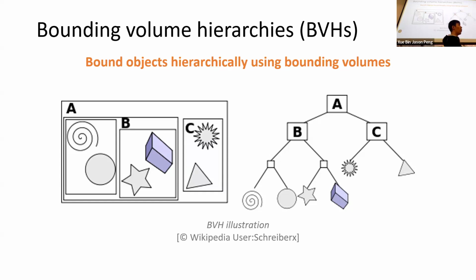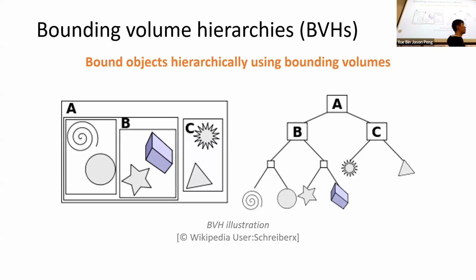Now, whenever we have to perform a raycasting operation to the scene, we can check for intersections between our ray and this large bounding volume that encompasses our entire scene. If the ray misses this bounding volume, then we can safely ignore all of the objects inside because the ray is guaranteed to not intersect with any of the objects inside our volume. And this can potentially allow us to drastically reduce the total number of intersection tests that we have to perform.